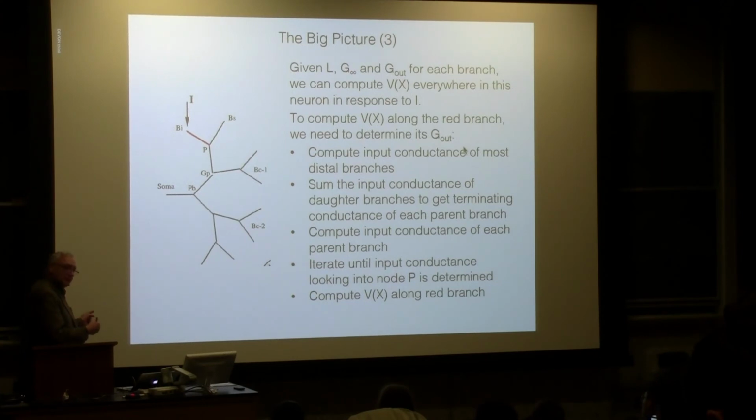And the way you do it is the following. Remember, from that previous slide, I said that if we inject current into this end of a dendritic tube, all we need to know are some intrinsic membrane properties, its length, and its terminating conductance. Then we can get voltage everywhere along that tube.